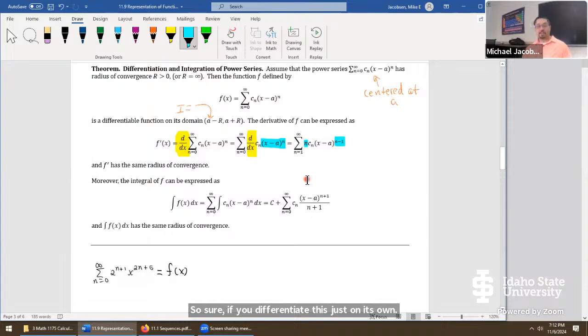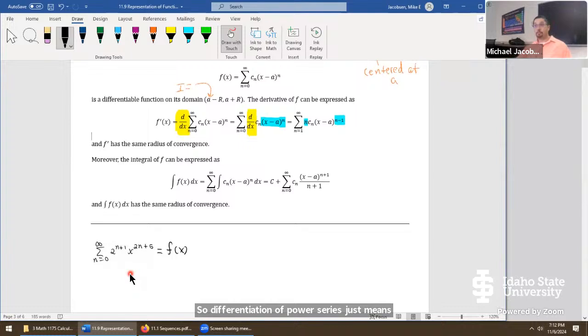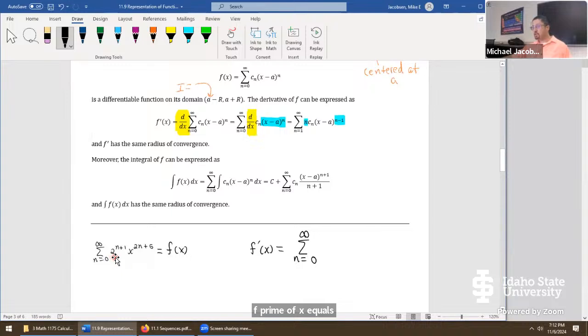So differentiation of power series just means we're allowed to take a function like this one and write out this. f prime of x equals the summation as we go from 0 to infinity of this part right here, which is constant, 2n plus 1, so the derivative passes right through it.